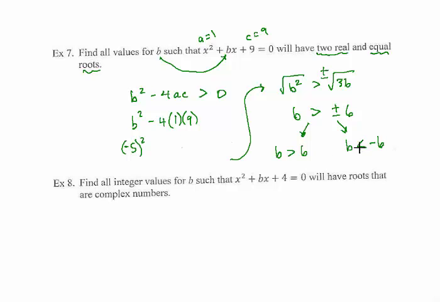If we don't flip our inequality and we go with a negative 5, then we'll take a smaller number and subtract 36, and we'll end up with a discriminant that is negative, which will give us complex solutions. So with this plus or minus, we have to flip the inequality here.